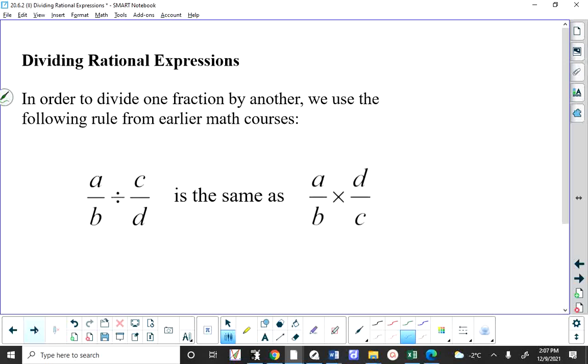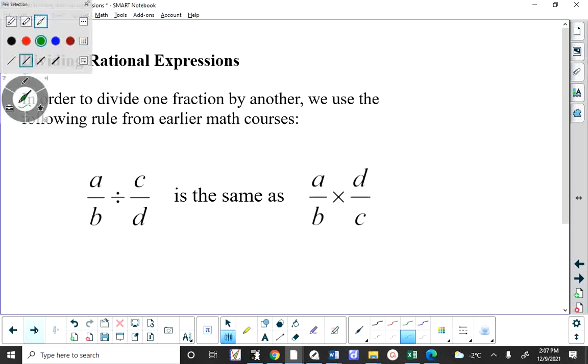You can do the opposite in mathematics. So you can convince yourself that this is the case. I do want you to notice here what's happened. This fraction that we're dividing by, which is c over d, has changed to d over c, and it's gone from dividing to multiplying.